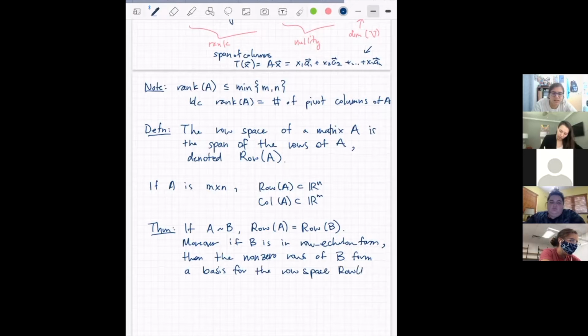Okay. I wasn't sure if you get to say it's a basis for the row space of A. Yeah, for the row space of A. That's nice.